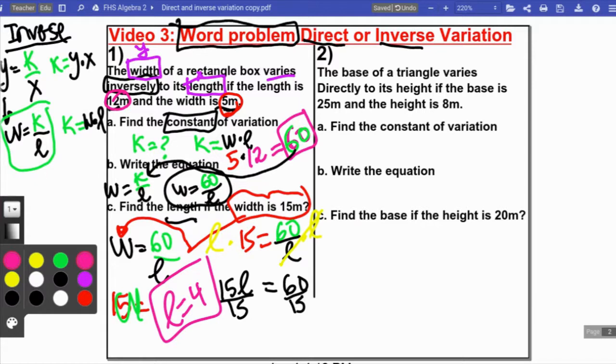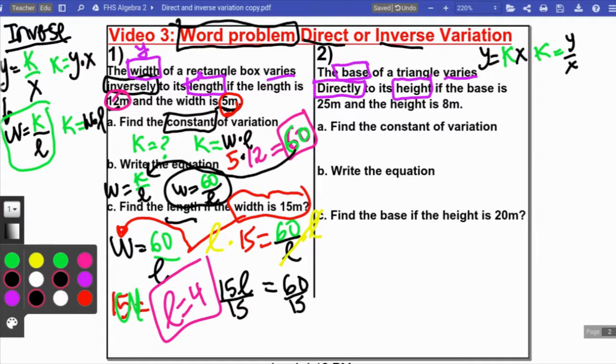Let's look at number 2. Number 2 says the following: the base varies directly. Ladies and gentlemen, now we're working with direct. Direct to its height. If you remember, the equation for direct was y equals k times x, where k was y divided by x.